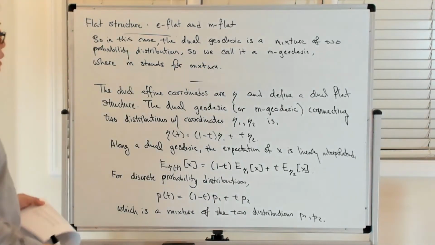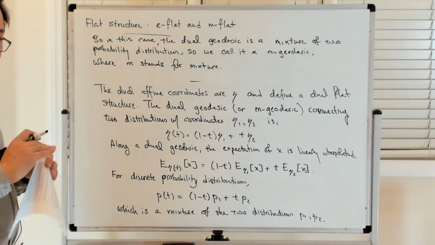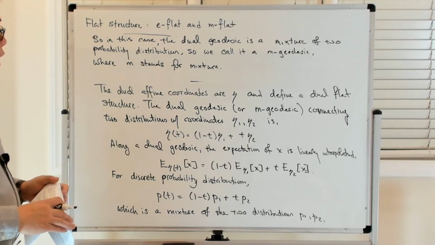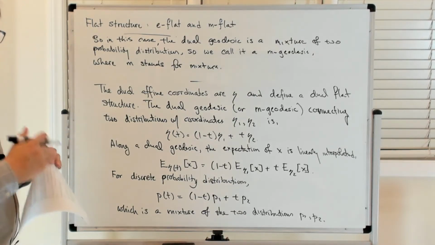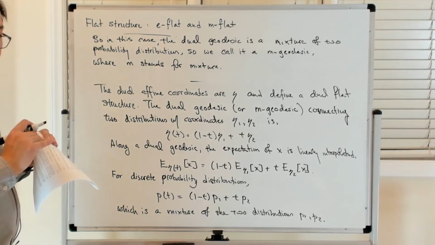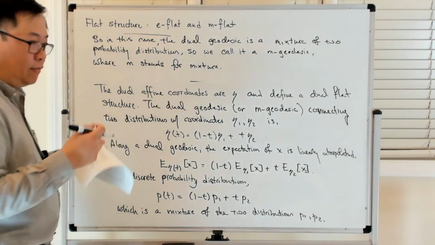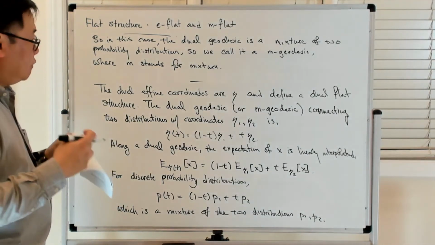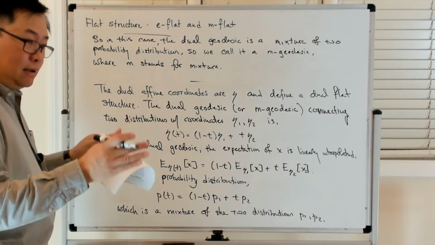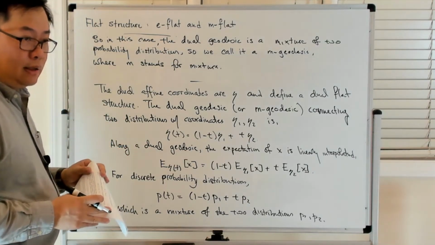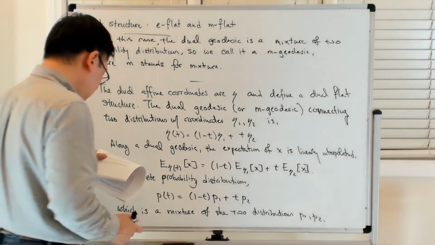Okay, and the same way that you say a submanifold is E-flat when it is defined by linear constraints on the primal coordinate system, here is something similar. We say a submanifold is M-flat if it is defined by linear constraints in this dual affine coordinate system.